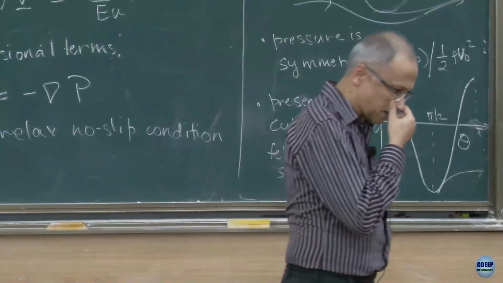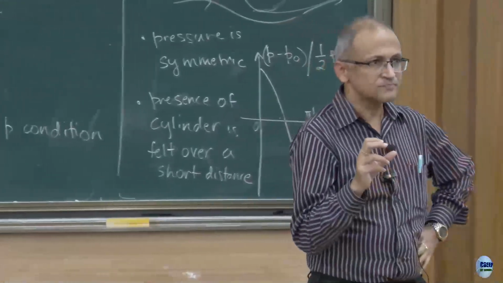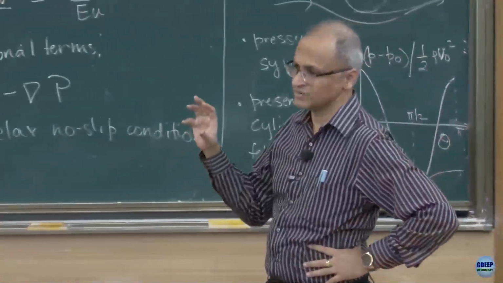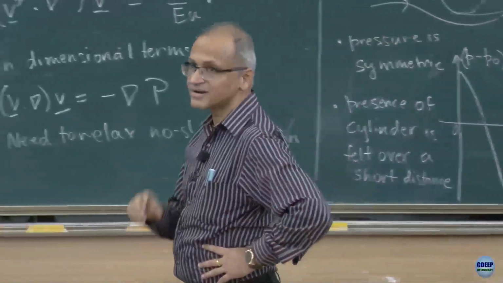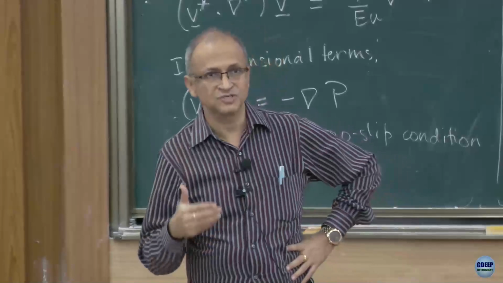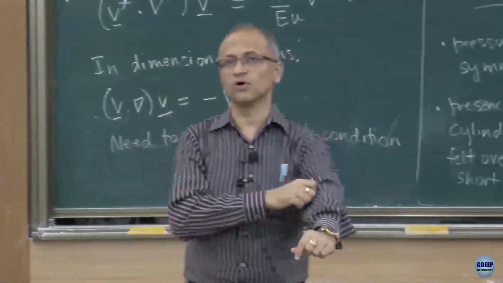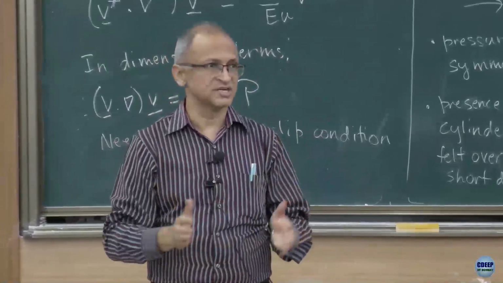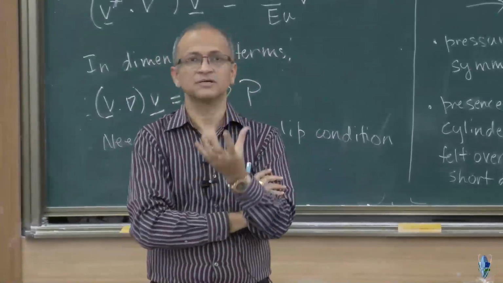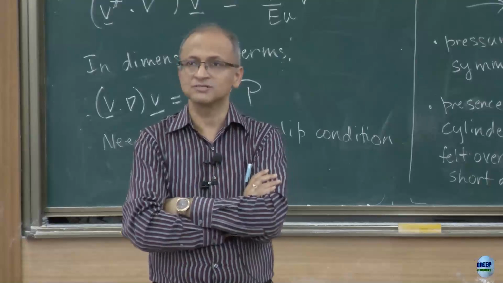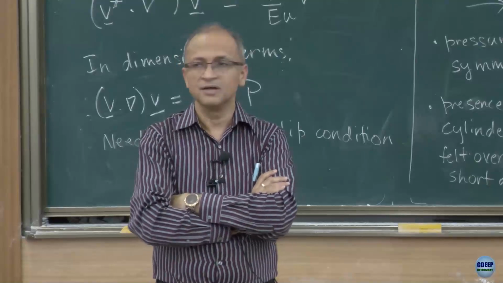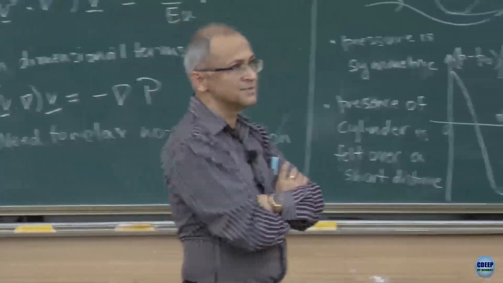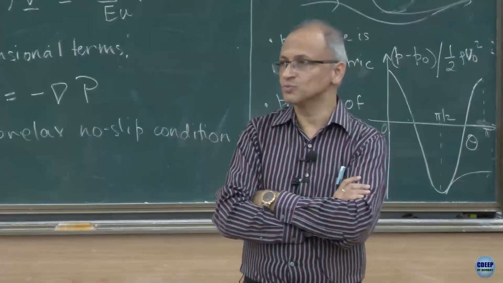So then we said that after non-dimensionalizing, my non-dimensional velocity is expected to be order 1. The gradients of velocity, whether it's the first derivative or the second derivative, are all expected to be of order 1. Okay, and therefore the coefficients sitting in front of them, which are our non-dimensional numbers like Reynolds number, Froude number, or Euler number, are the numbers that start determining whether that term is going to be important or not.